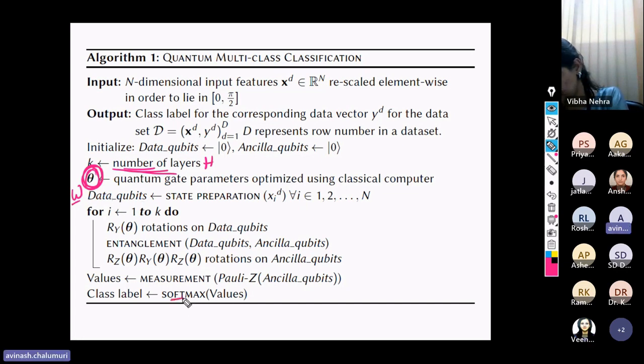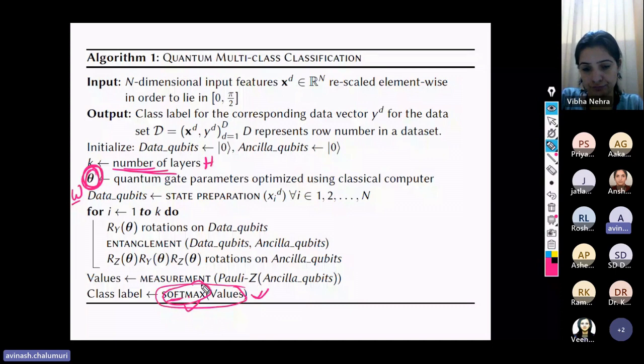The class labels, that is, the data points, are classified using a softmax function at the end. These are very prominent functions in machine learning, so I'm not dwelling deep into it. I hope all are aware of these machine learning concepts.